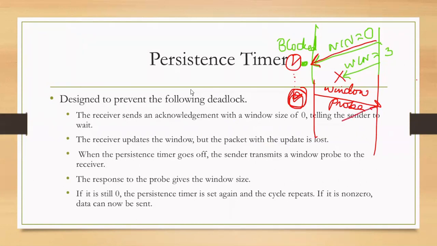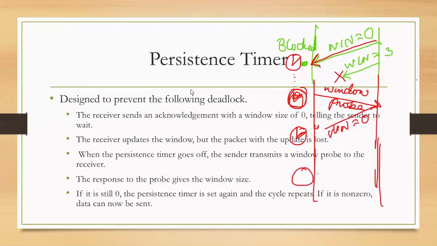And if it receives an update from the receiver that the window is still 0, it will start the persistence timer again. So the window is 0, so it is waiting.